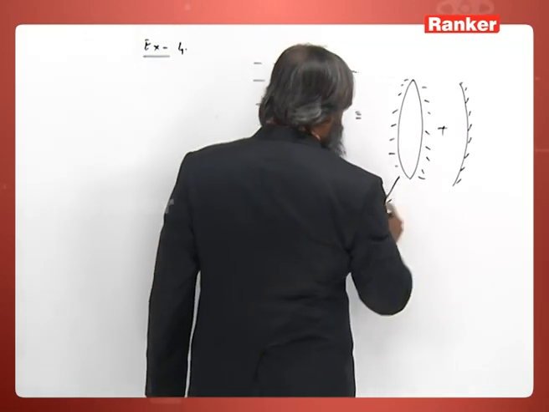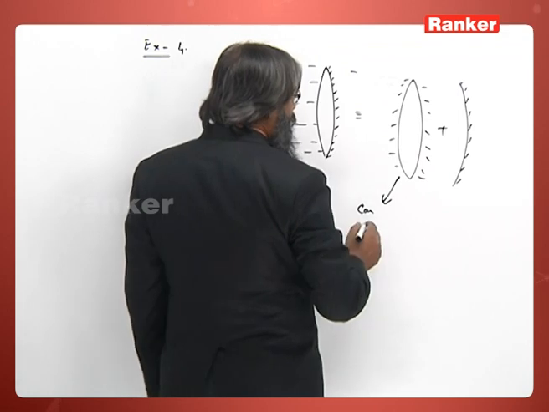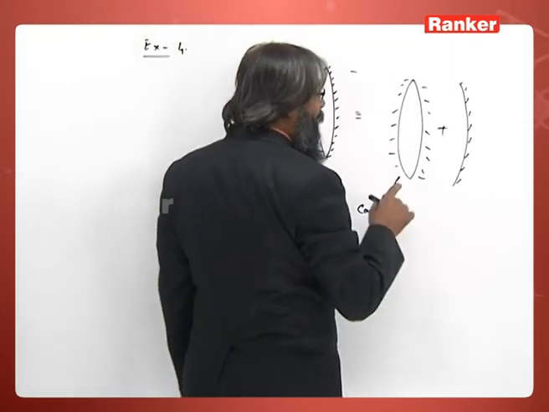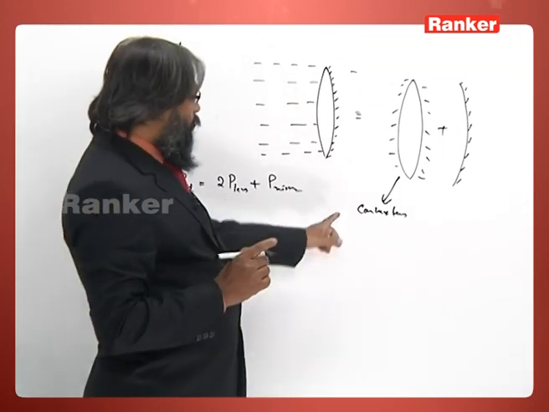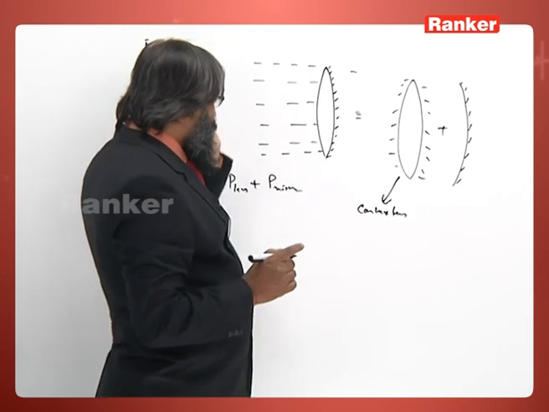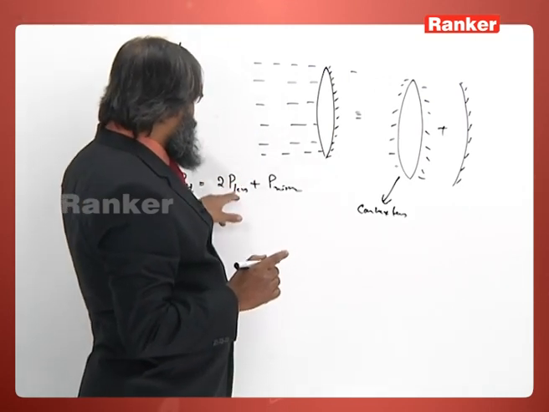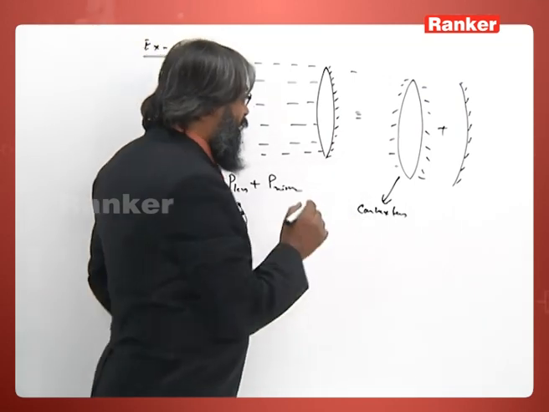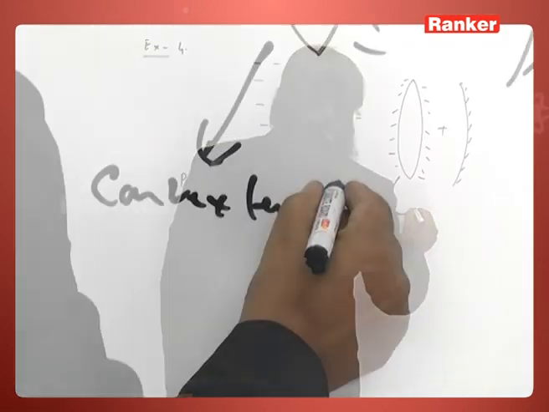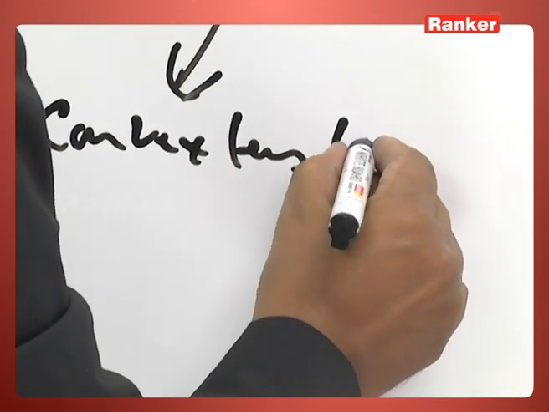So you see, what is this? This is a convex lens if placed in air, with positive power, as convex lenses have positive power.